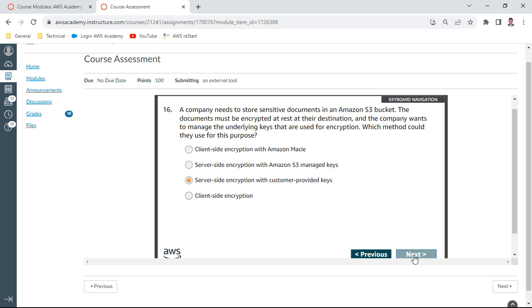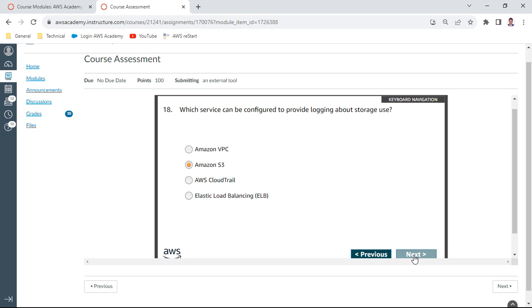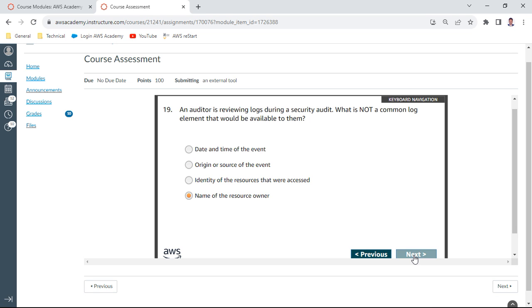It is server-side encryption with customer-provided keys. 17th one: an IT administrator needs to ensure the data stored in Amazon S3 is encrypted but does not want to manage the encryption keys. Which encryption mechanism meets these requirements? That is SSE-S3. 18th one: which service can be configured to provide logging about storage use? That is Amazon S3.